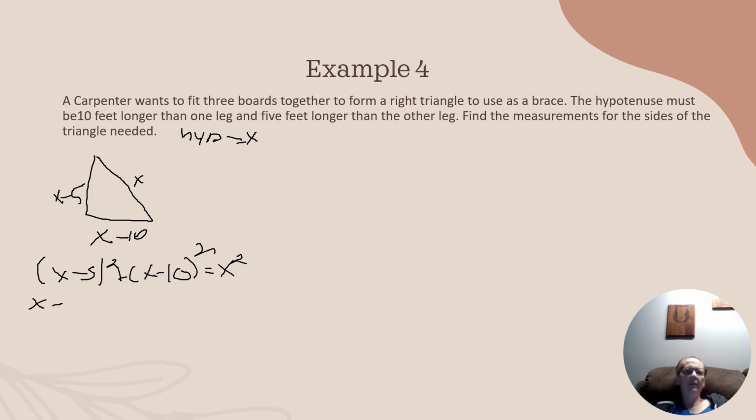So it's going to be x squared, twice the middle term, and then the end term squared. And twice that, and then 5 squared is 25. And then over here we have x squared minus 10 is minus 20x, and 10 squared is 100.